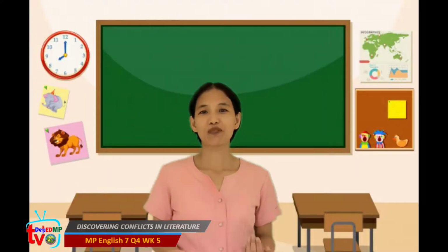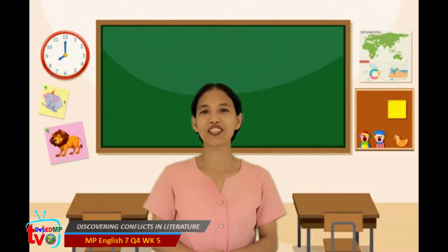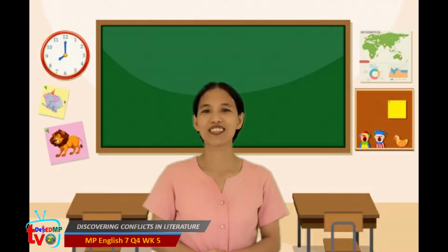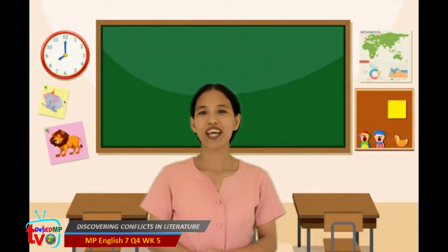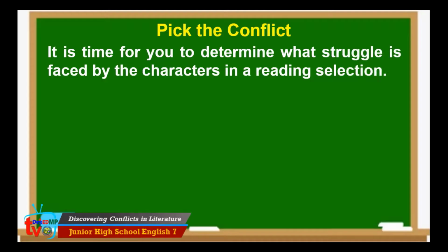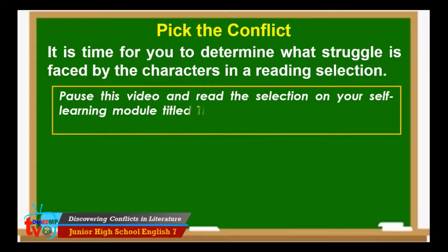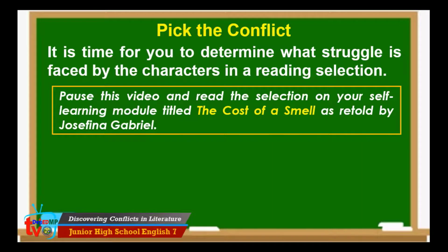After learning about the explanations and examples of the types of conflict that may be present in a certain literary work, what more is there for you to do, dear learners? Let's have your next activity. Pick the conflict. It is time for you to determine what struggle is faced by the characters in a reading selection. Pause this video and read the selection on your self-learning module titled The Cost of a Smell, as retold by Josefina Gabriel.